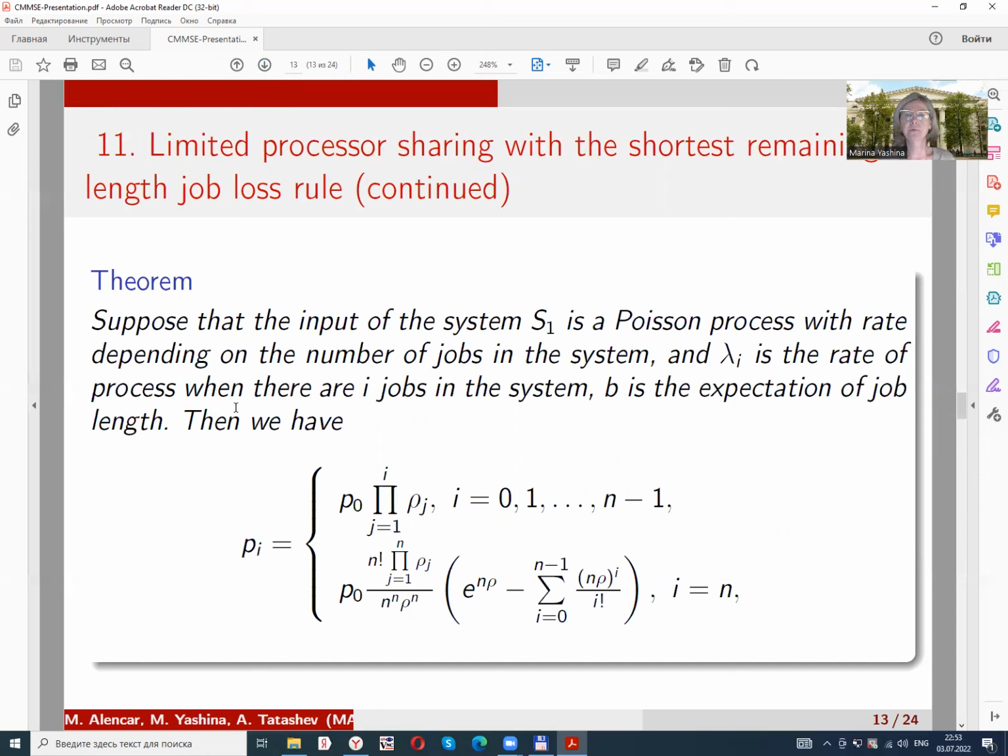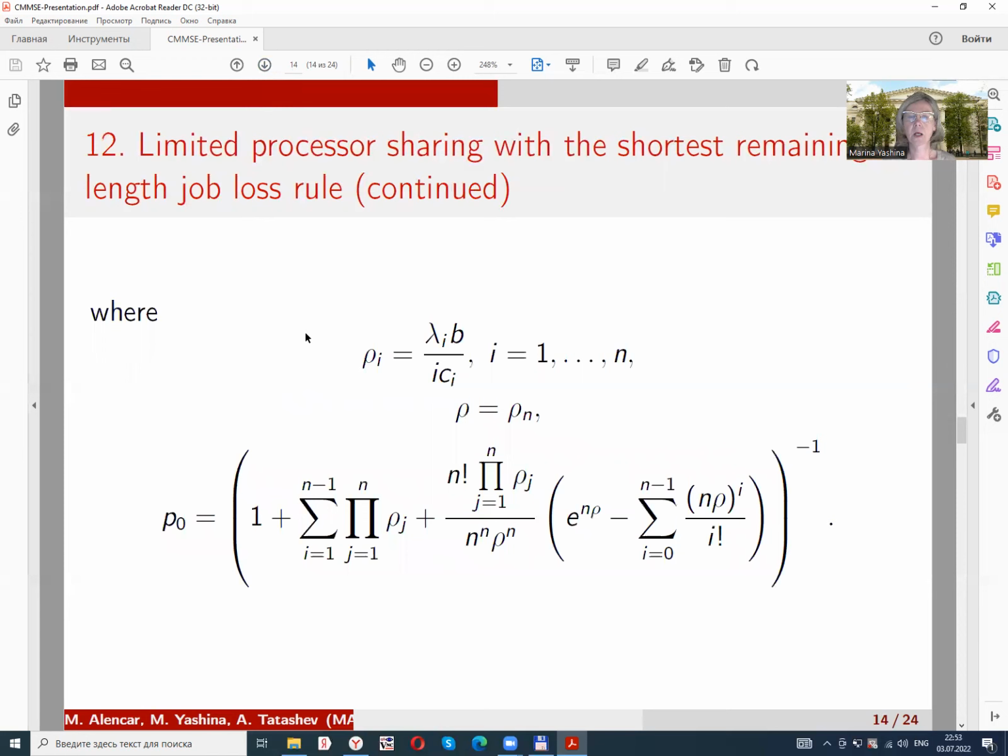Then, if the input of the system S1 is Poisson, we have this formula. And this is the value you can see in this frame.